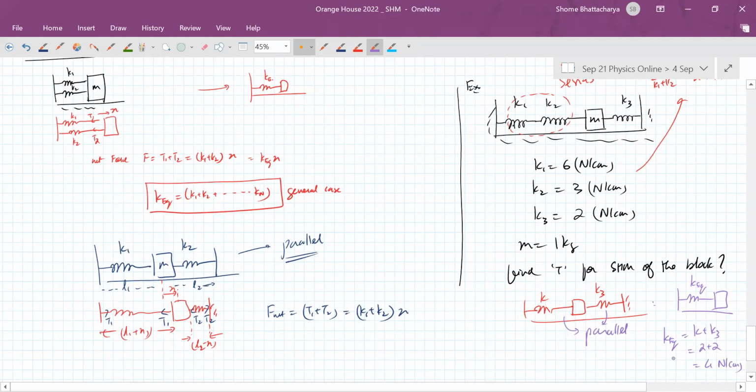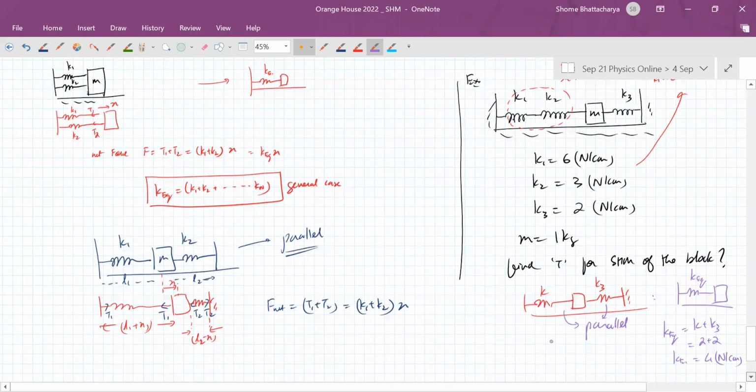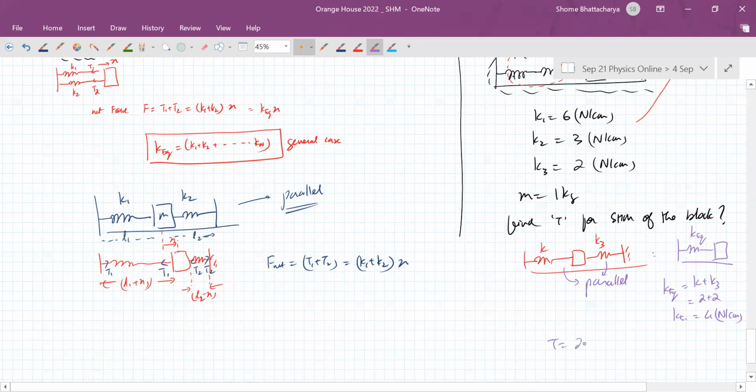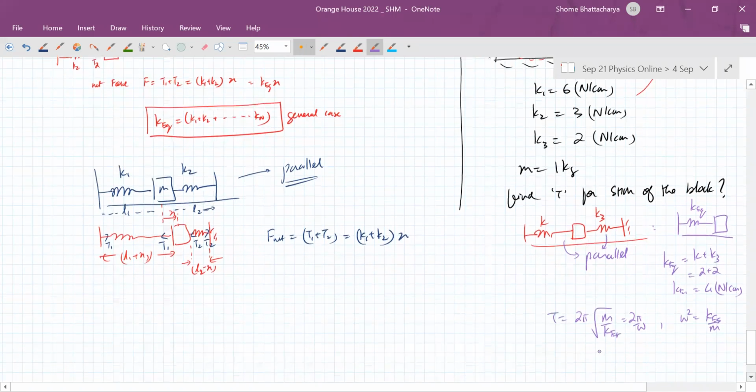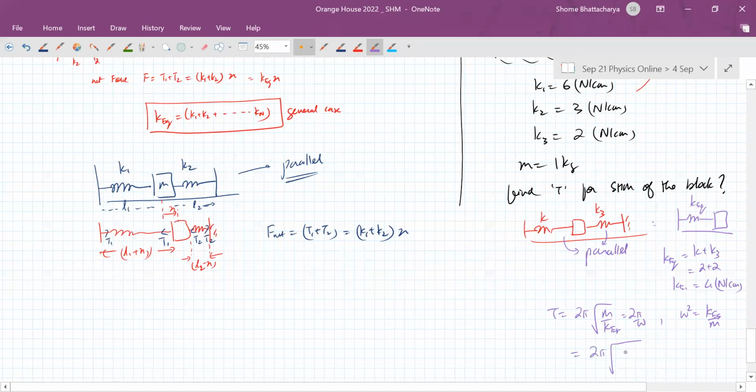Now, while calculating time period, you just have to be careful, remember omega square is equivalent spring constant divided by mass. So don't forget to convert the units. So 1 kg upon 4 into 10 raised power 2.